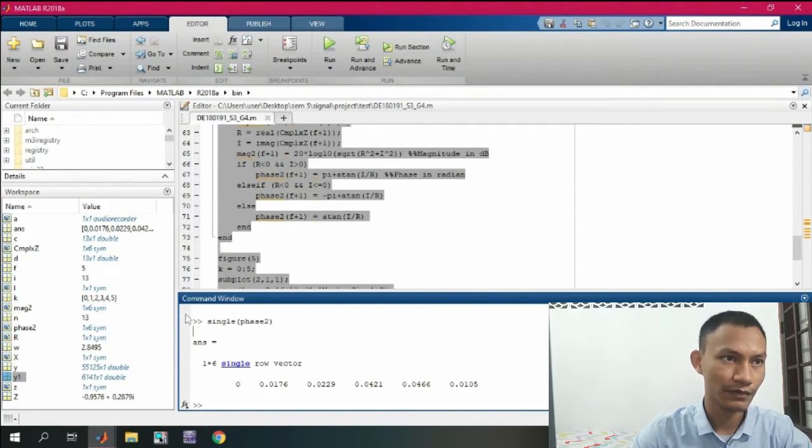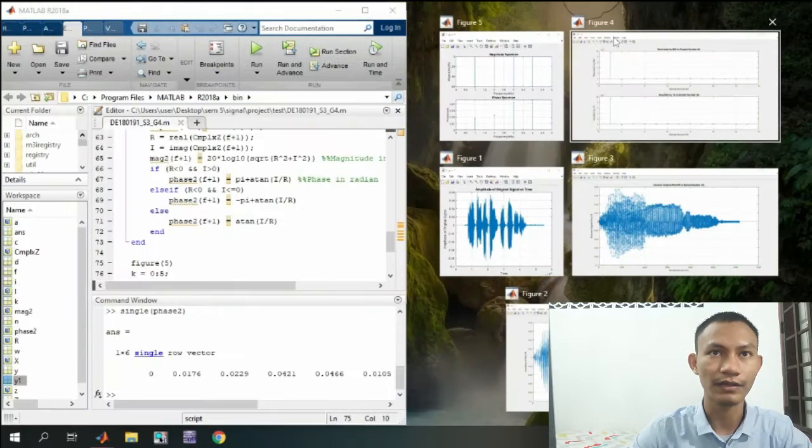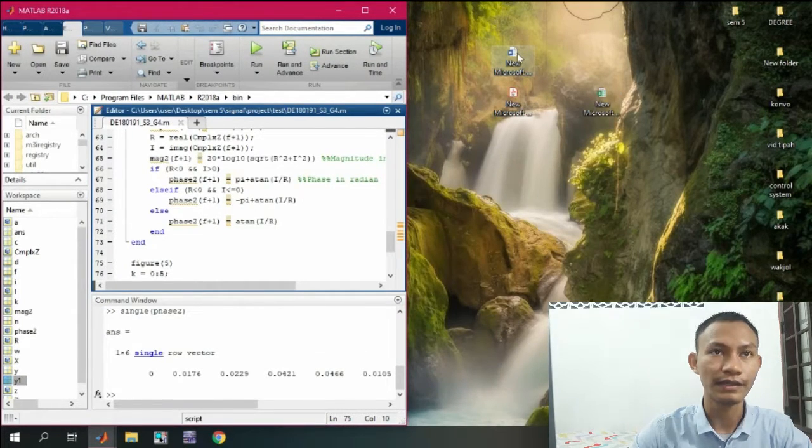So I'm totally done for all the simulation. So we can compare the simulation part with manual calculation. So we will compare just a little bit.